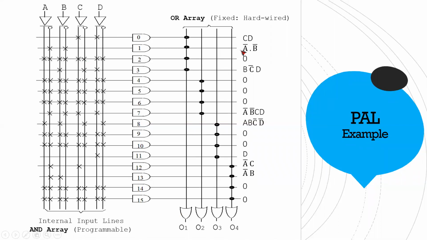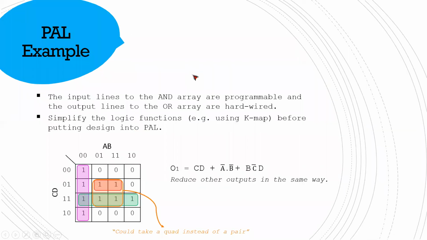Okay. Next one is A bar B bar. A bar is connected, B bar is connected, others are disconnected. So this is our A bar B bar. Next one, okay, we didn't touch this one. This will be 0 because we have 4 AND gates, but our expression has 3 terms, 1, 2, 3 terms. That means one of them will remain untouched.